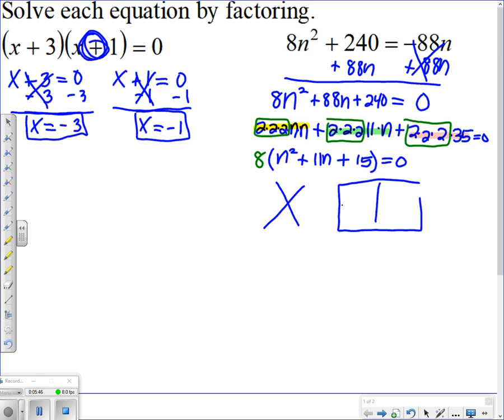Now, the value put in here is multiply the first times the last, that'll be 15 n square. What you put in here is the middle one, 11n, and this will be n square, and this will be 15.